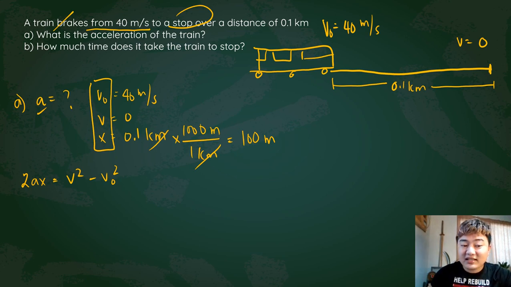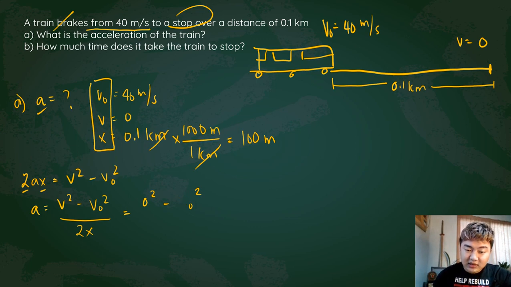So of course we need to solve for acceleration. Then we just need to get rid of 2 and x and transpose them to the other side. And that will be a is equal to v squared minus v0 squared over 2x, which will give you, of course, your final velocity here is 0 squared minus v0 squared.